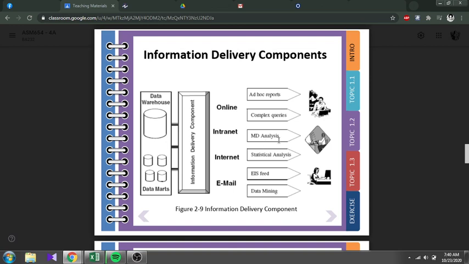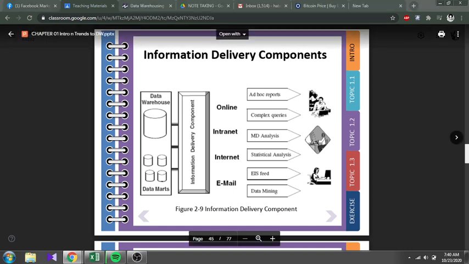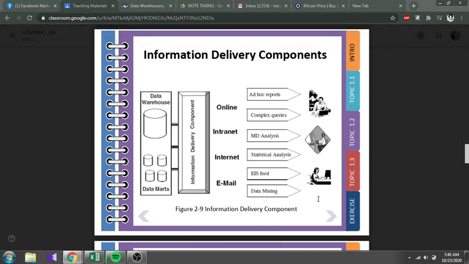MD analysis. What is MD analysis? Sepatutnya gambar dia ni diorang kena bagi source of this picture lah, figure information delivery. EIS ni electronic information system and data mining.